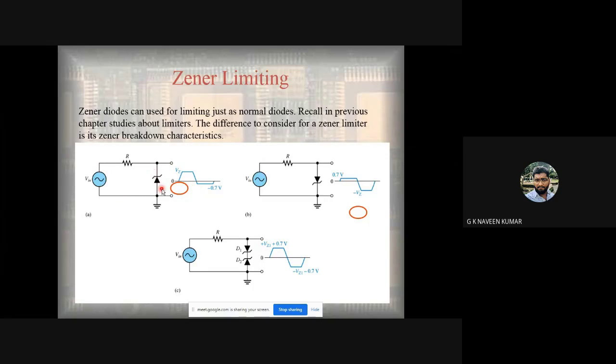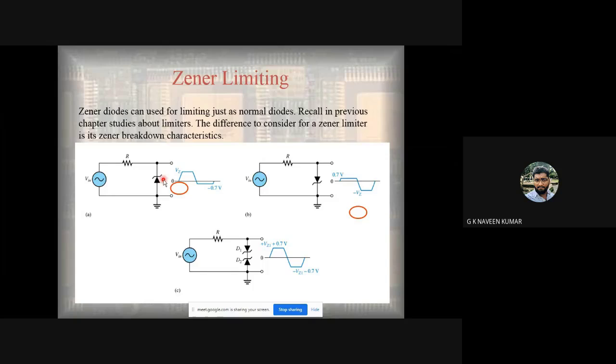This Zener has a maximum reverse bias voltage, or constant voltage source. Once the breakdown occurs, it will have a constant voltage, nothing but Vz. Now, if you see, this is positive and this is negative.